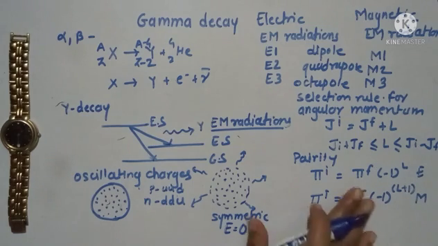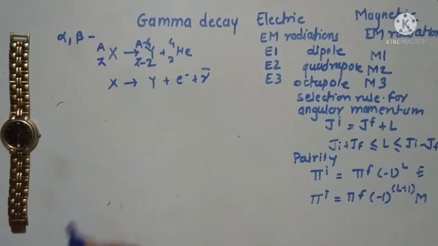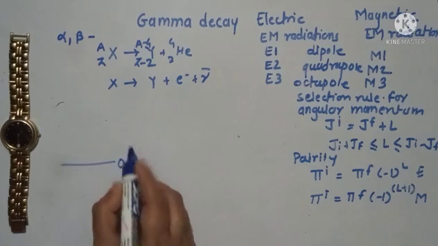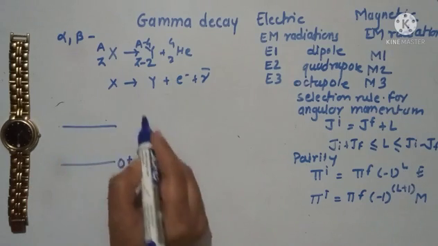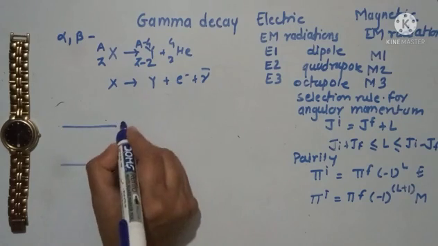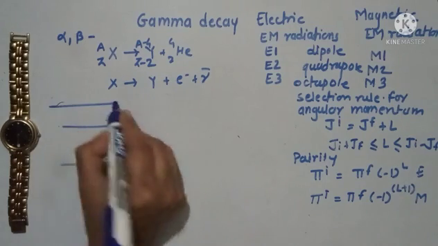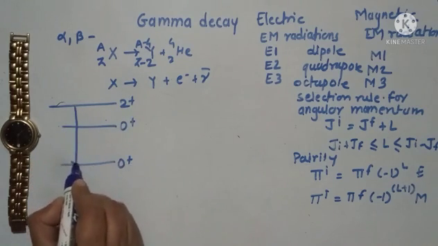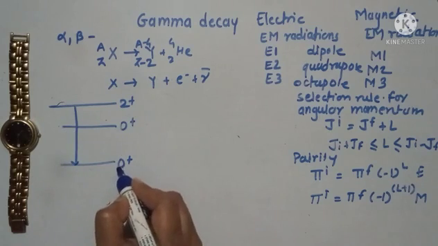So we can take one example for this. Suppose there is a nucleus having the ground state spin parity as 0 plus, and excited state spin parity as 2 plus. The nucleus is trying to de-excite from this 2 plus to the 0 plus.